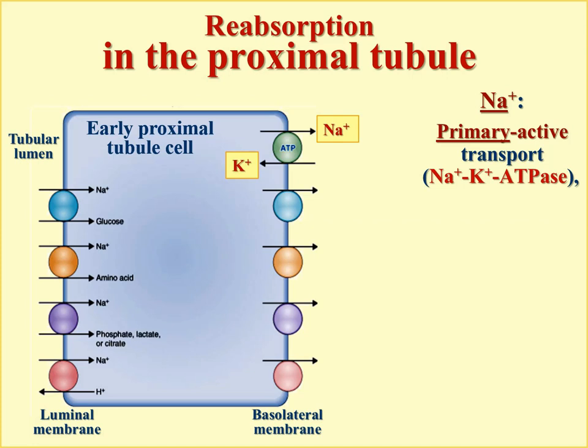It doesn't matter that sodium can enter from the lumen into the cell using protein carriers, passively; totally passing through the proximal tubule cell requires energy for pump operation. Therefore, sodium is transported by primary active transport. Exactly on the basolateral membrane, ATP is spent for transportation of sodium.